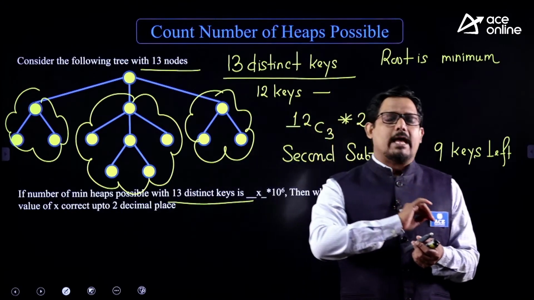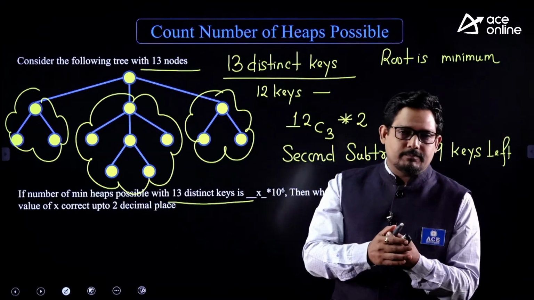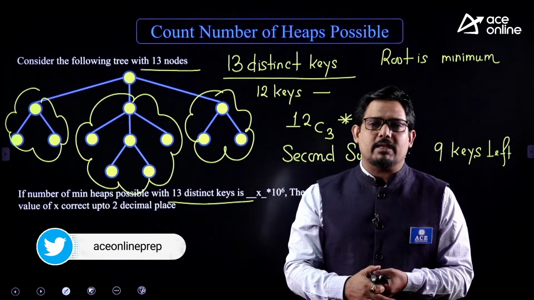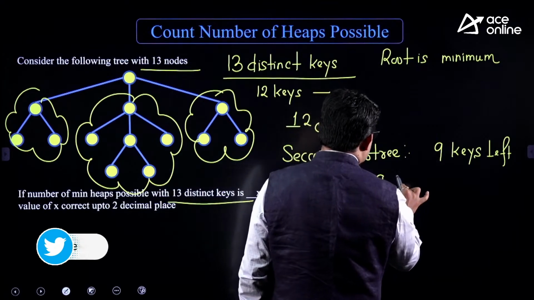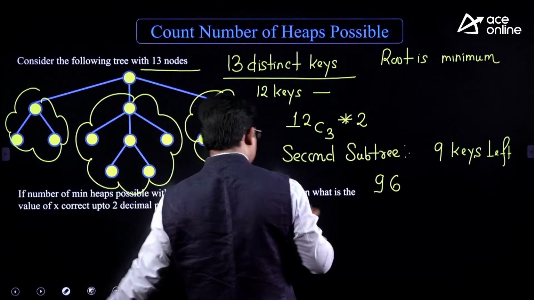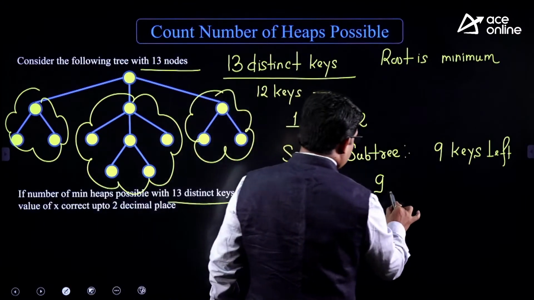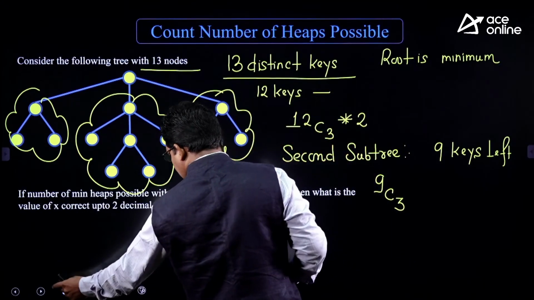And you know the rule, again there is a selection problem. So from the remaining 9, I can select 6 keys in how many ways? That is 9C6, or 9C3.